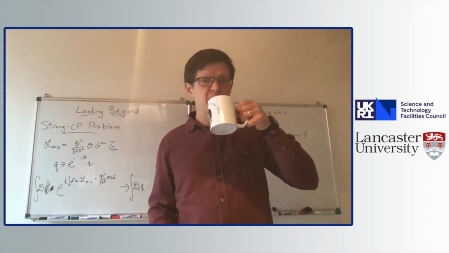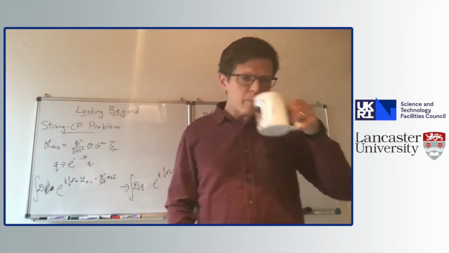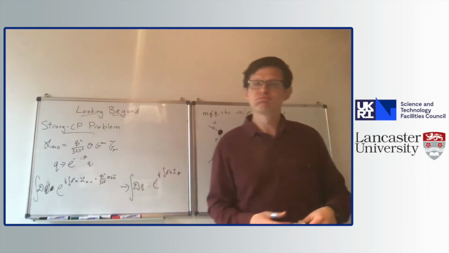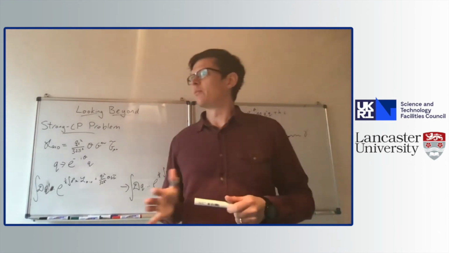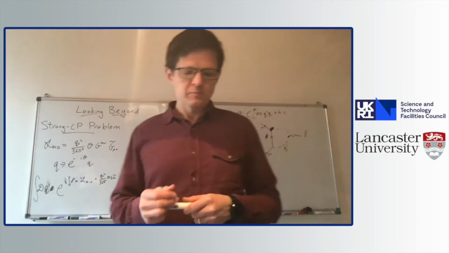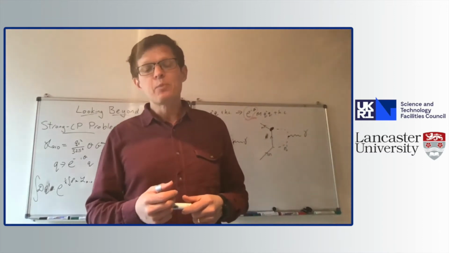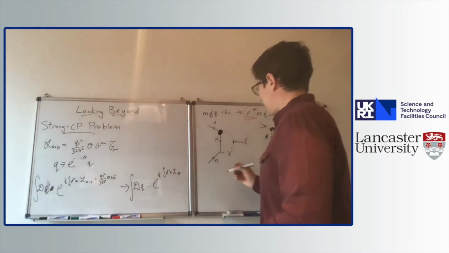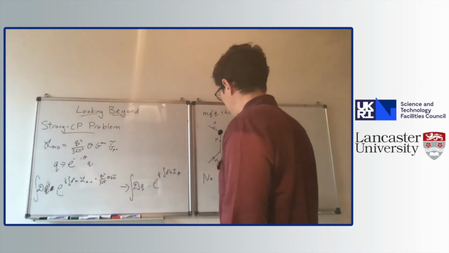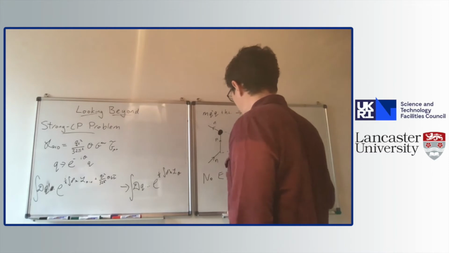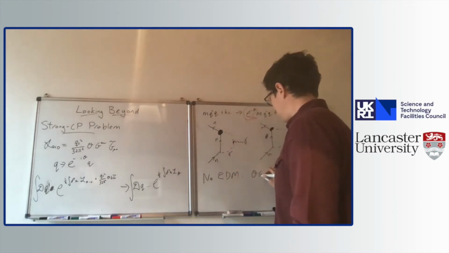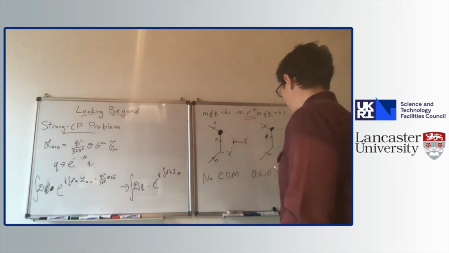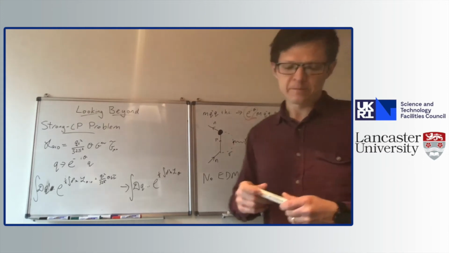And these experiments have been performed for decades, actually, more than four decades. And no neutron EDM has been observed, and that limits the magnitude of theta to be less than something. I can't remember the precise number, but in this normalization it's in the ballpark of 10 to the minus 11.